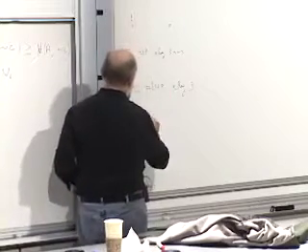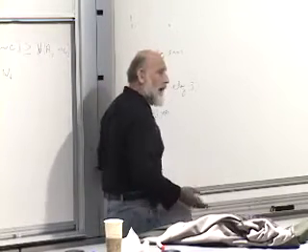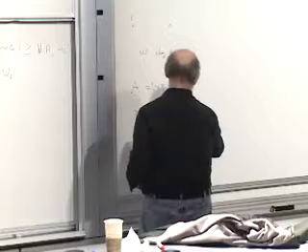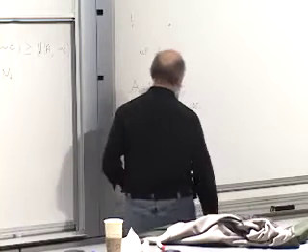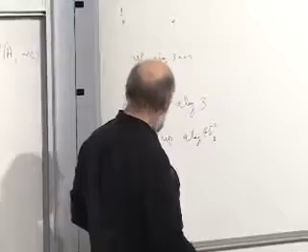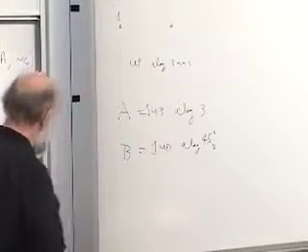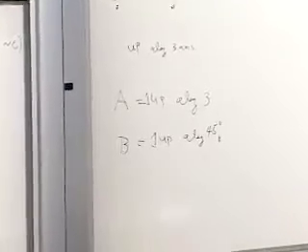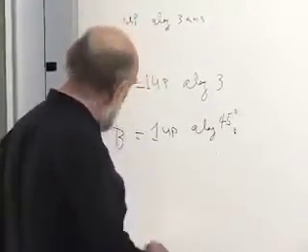B is that spin 1 is up along a 45-degree angle. The 45-degree angle could be in the ZX plane. Let's take it to be in the ZX plane. So B says spin 1 is up along the 45-degree angle in the ZX plane.